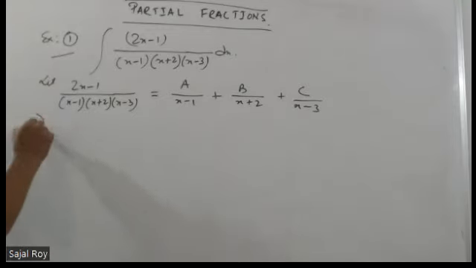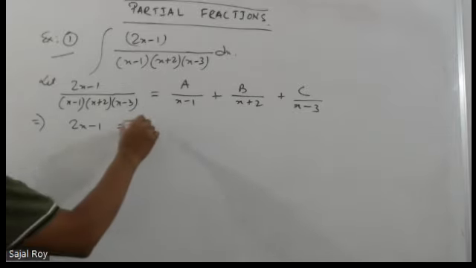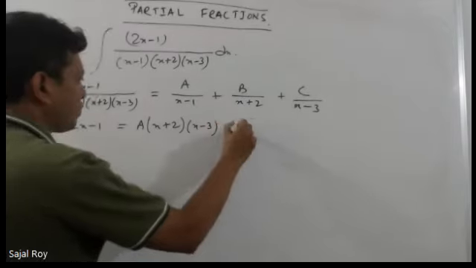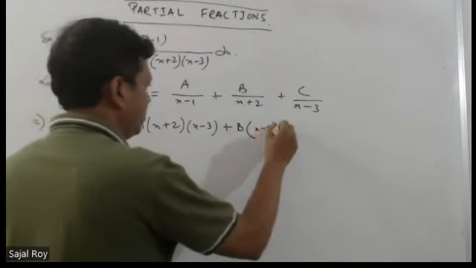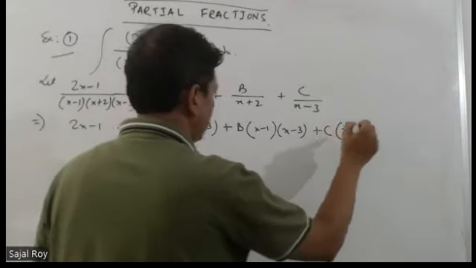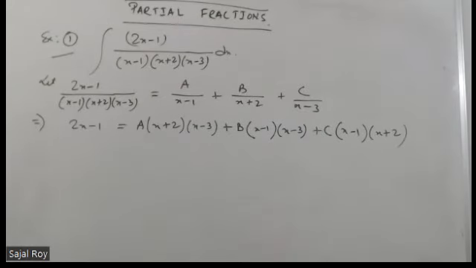So let me now cross multiply. I'll show you two ways. After the cross multiplication, right? Okay. Now the first method.